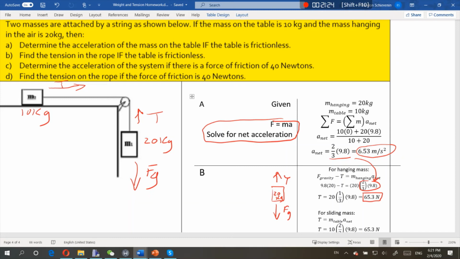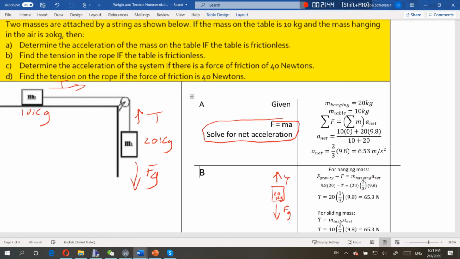For my second mass, I do have a force acting up or down, the force of gravity, which is 9.8. So my total acceleration then is going to be 2/3 of 9.8, or 6.53 meters per second squared.